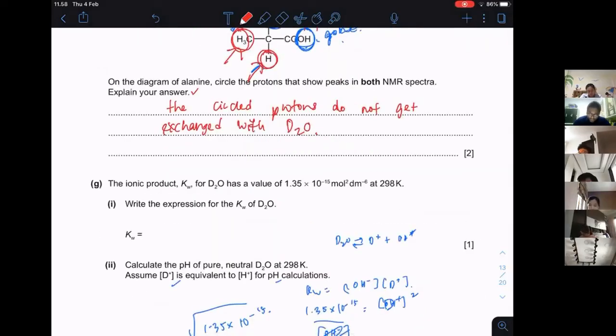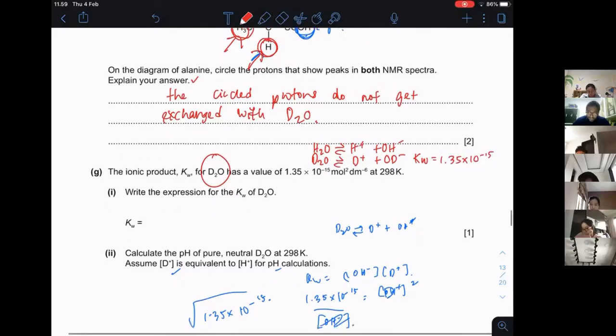So the ionic product of D2O is similar to water. So if I have H2O, it's supposed to give me H plus and OH minus. So now if you have D2O, it's supposed to be D plus and OD minus. Okay, same thing. So they say that the Kw for water is 1 times 10 negative 14, but this one is 1.35 times 10 negative 15.